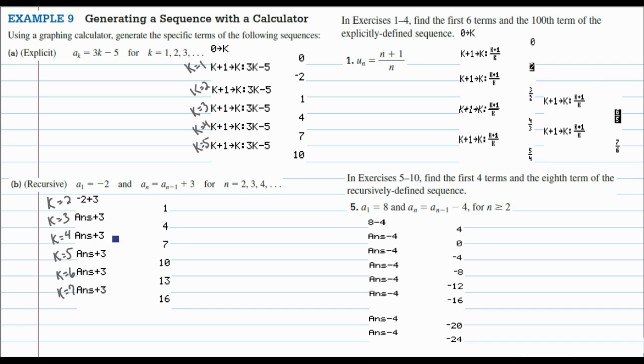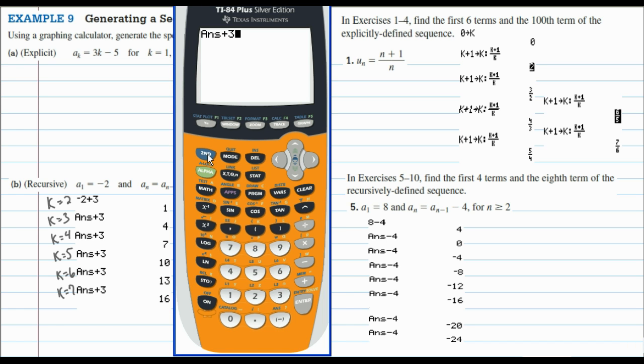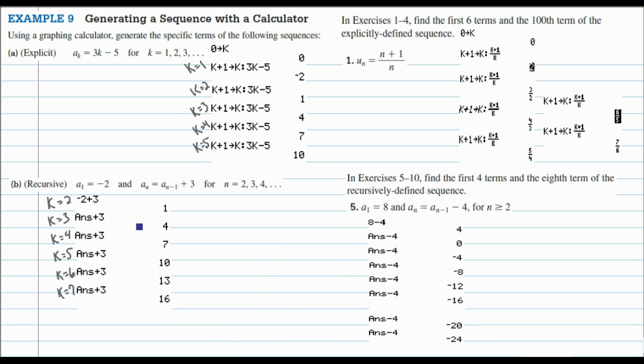And then if you just keep hitting second entry, the enter key, you would keep getting the same values that we did in the explicit version of that sequence.